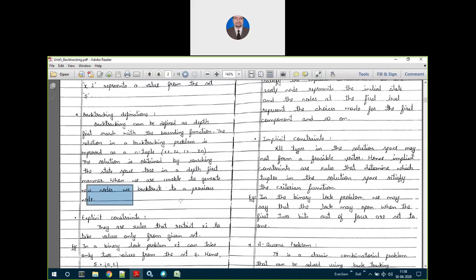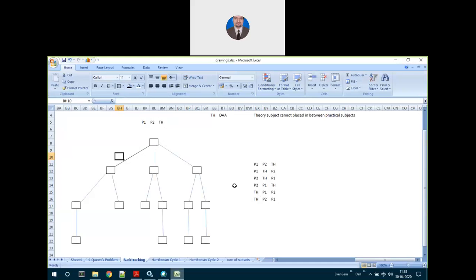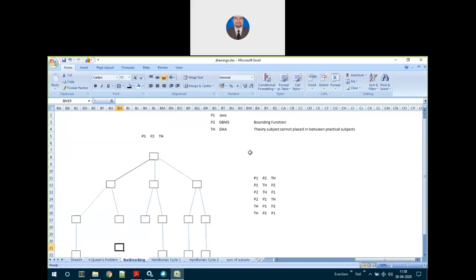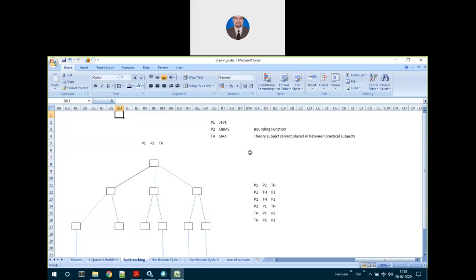Let us try to understand this with a simple example. The example I have taken is the subjects and preparing the timetable. We have three subjects given to us, and we need to prepare the timetable for these subjects.